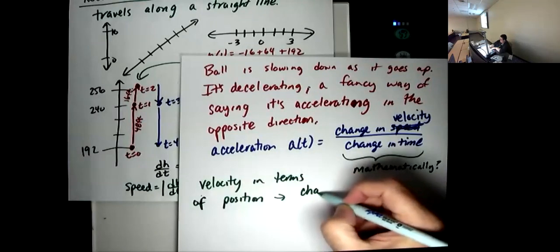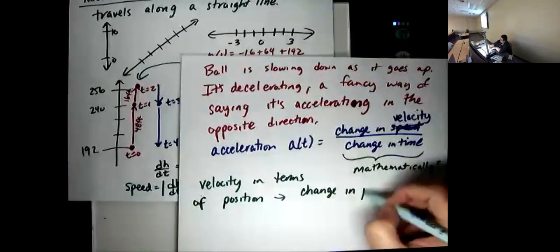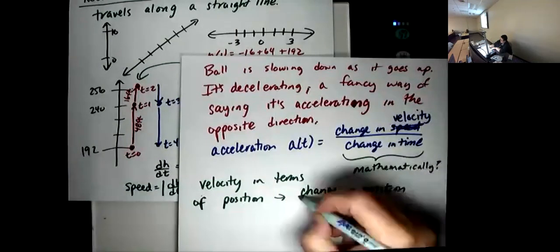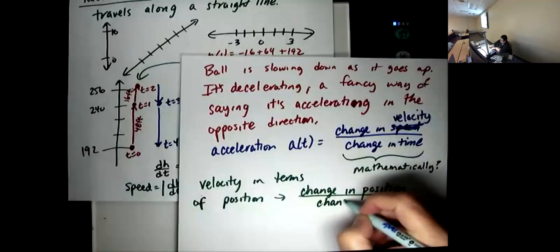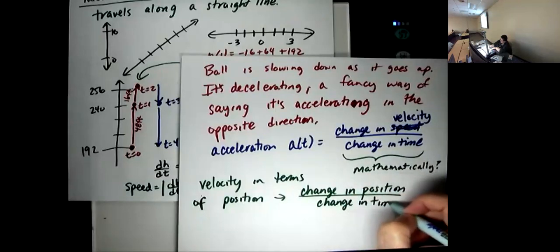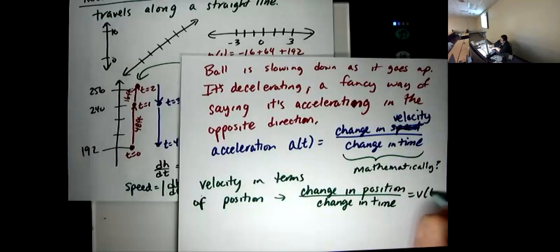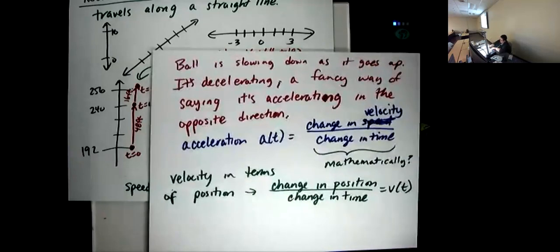Velocity is a change in position over a change in time. That's our V of t. And it's killing me not to write an arrow over it. This is the Calc 3 and the physics side of me taking over. It's usually got a direction. We usually put an arrow on it. Deal with it. It represents vectors.